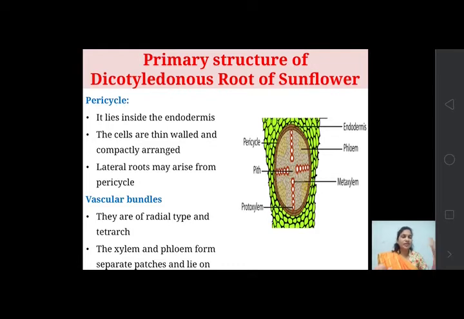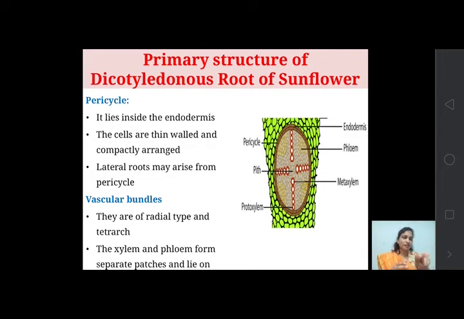In the stem there is a conjoint collateral vascular bundle, but in the root there are radial vascular bundles. Also, the exarch condition differentiates the stem and the root. In the root there is an exarch condition, but in the stem it is an endarch condition. It is the opposite.